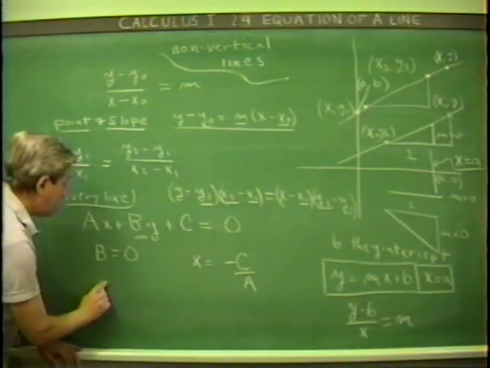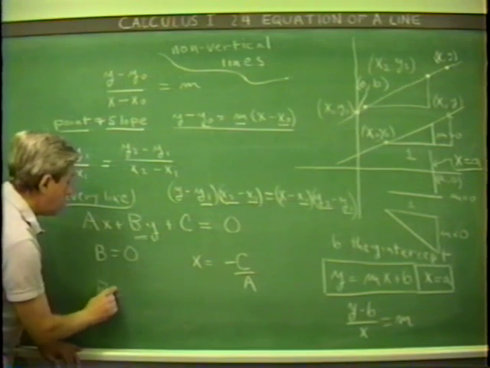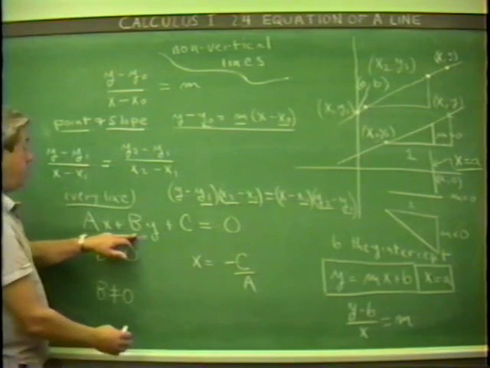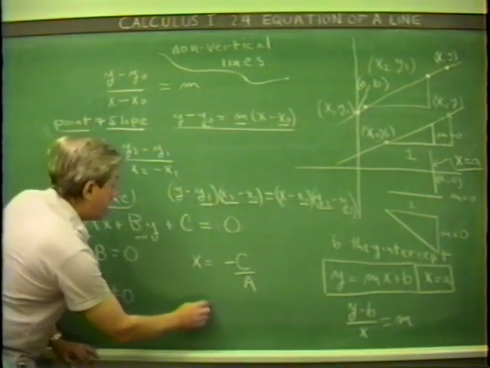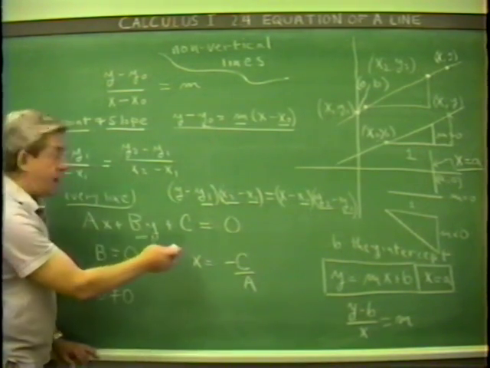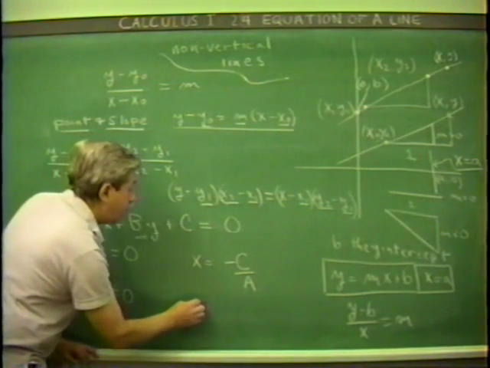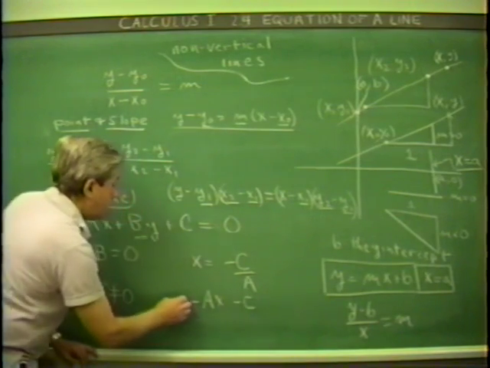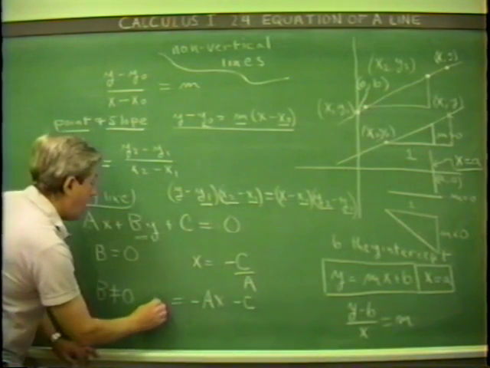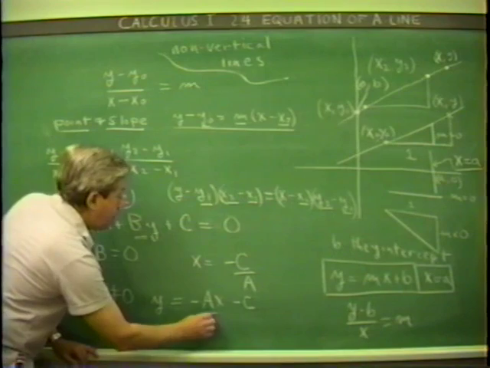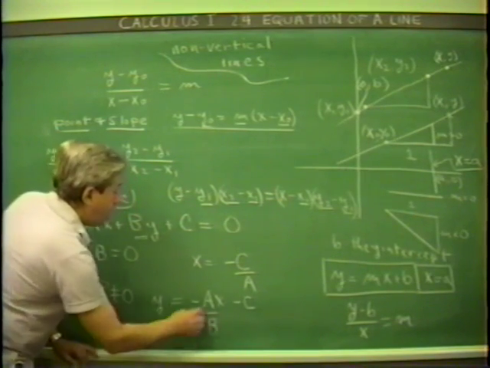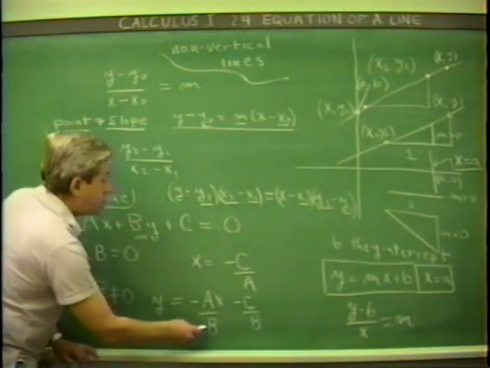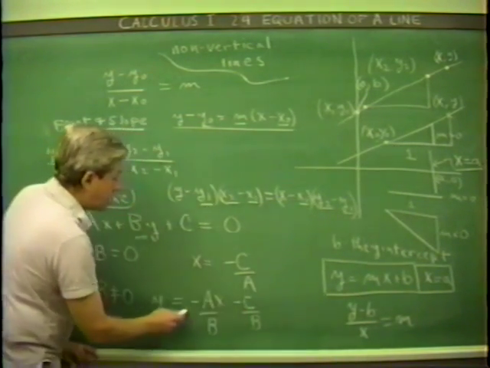If b is not equal to 0, then this equation can be solved for y by subtracting ax from both sides and subtracting c from both sides, so that we have minus ax minus c is equal to b times y. And now dividing by b, we get that y is equal to minus a over b times x minus c over b. And then this is of the form y equals mx plus b.